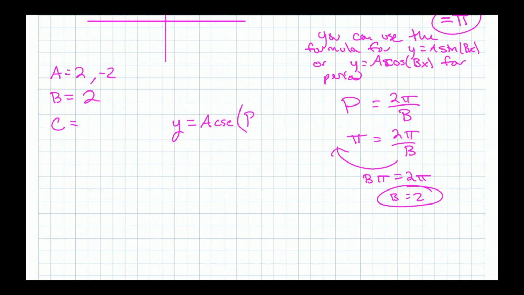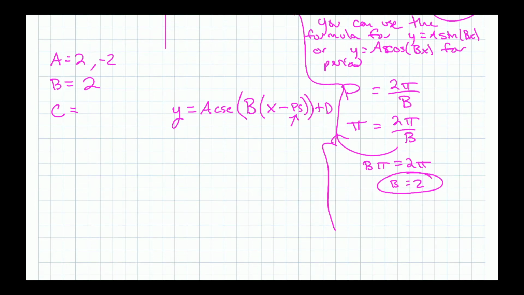They're putting the b here, and then they're doing x minus the phase shift, basically, right there. And that makes it easier to write. So what we would want to do here is figure out the phase shift in order to get that number. Okay, so we just need to figure out the phase shift now.